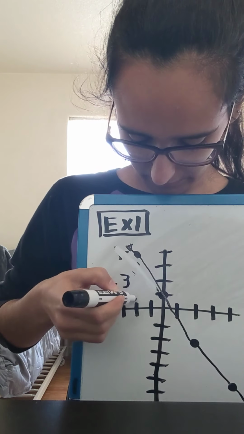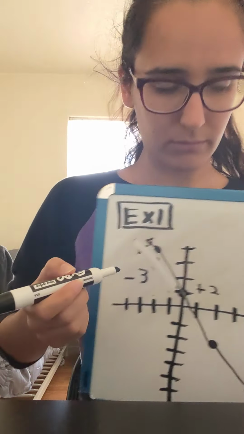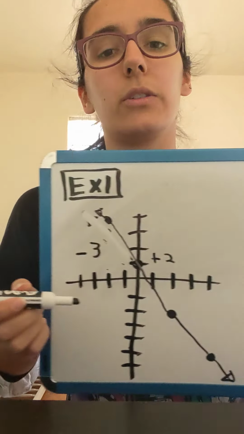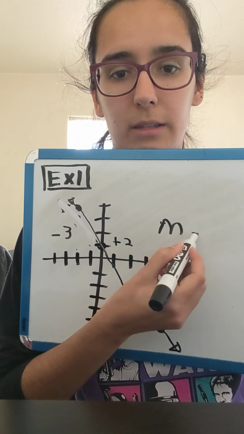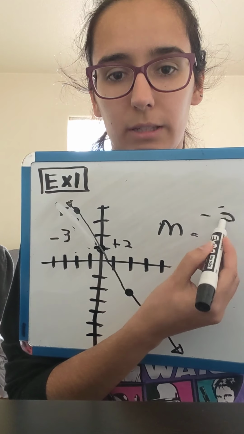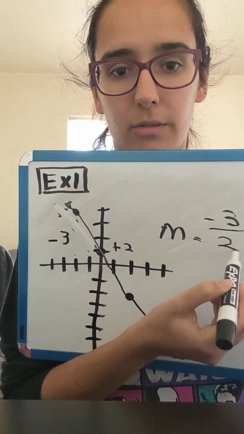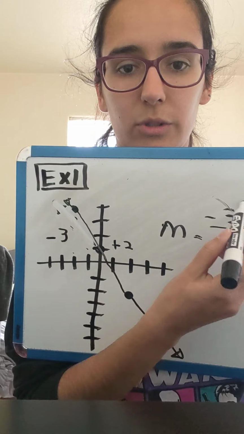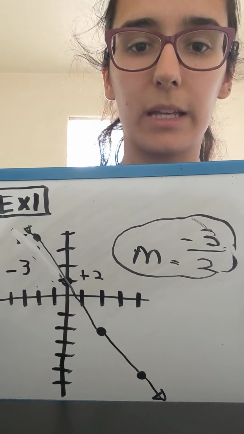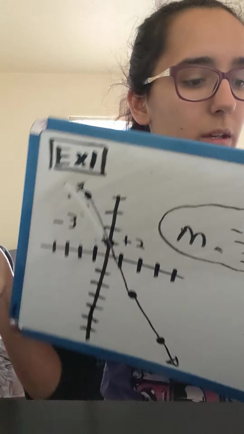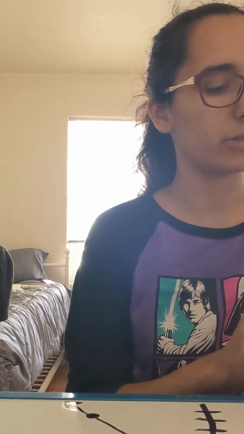And then to the right, 2. Is that correct? Yeah. So our slope is going to be m equals -3 over 2. I know my writing is not super perfect because I'm writing all backwards. So this is our slope, -3 over 2. So make sure you write that in your notes.